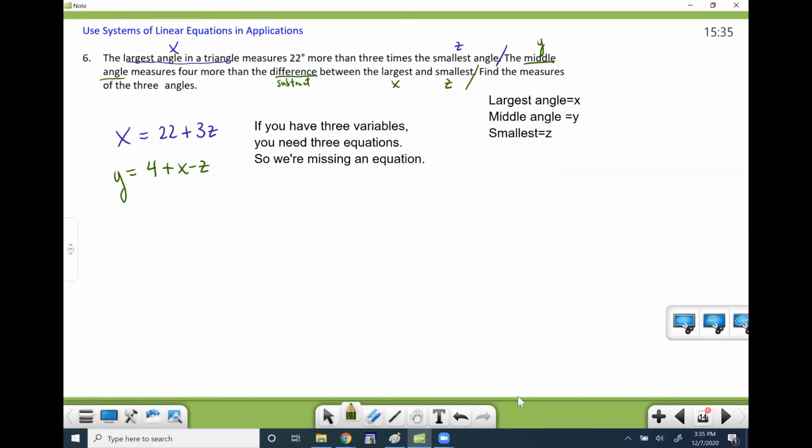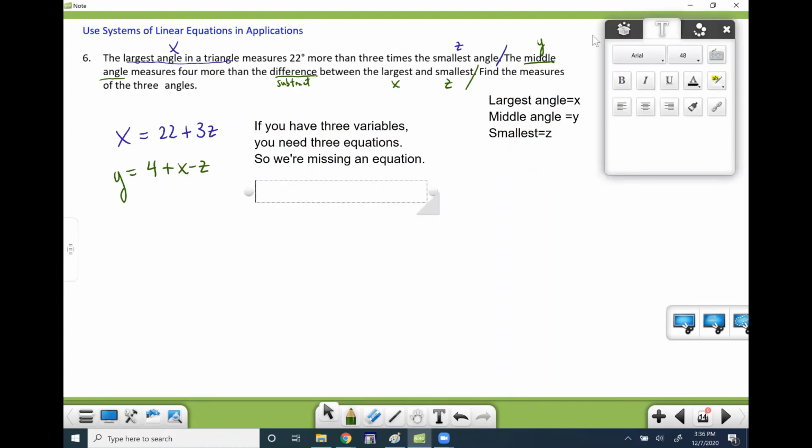Let's see. These are angles in a triangle, huh? Yeah, so these are 3 angles in a triangle. Okay, so what do we know about the angles of a triangle? They all add up to 180. Yes.